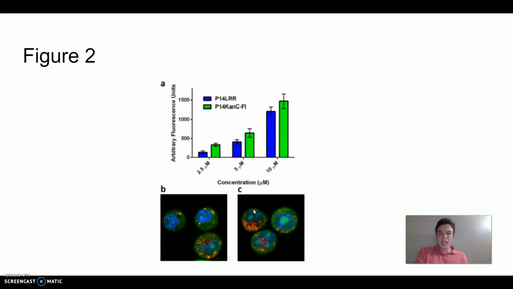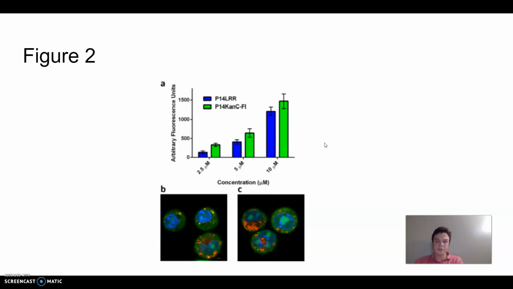In 2C, DAPI stain was used again and the conjugate was also green, but mitotracker stain was used to stain mitochondria red. So after staining everything and looking at it through the microscope, we don't see any yellow overlap. This means that the P14-CanC fluorescent conjugate was unable to localize to mitochondria within the macrophages.